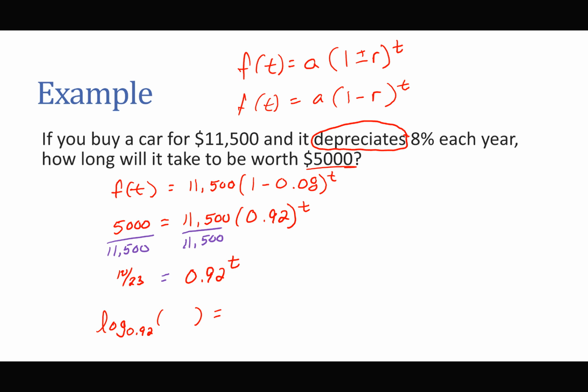What's going to go in my parentheses here? This piece 10 divided by 23 equals t. All right, that's why we're writing this from exponential into logarithmic form, so we can set it up. Okay, if I do the stuff on the left and I do it correctly, that is t.